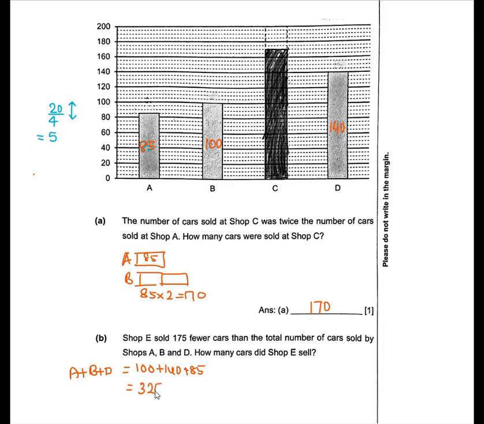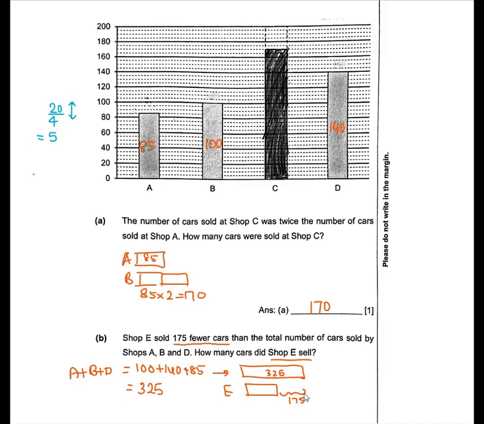So it's 325. Now, shop E sold 175 fewer cars, meaning that A plus B plus D, if I were to represent this by a model like this, then E would be lesser. And how much lesser? 175 lesser. And we know that this whole thing is 325.